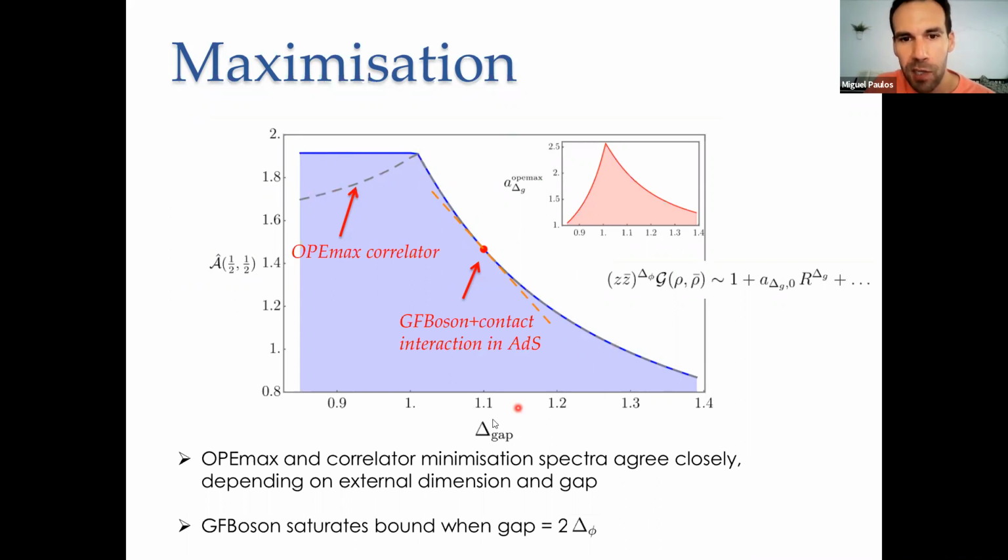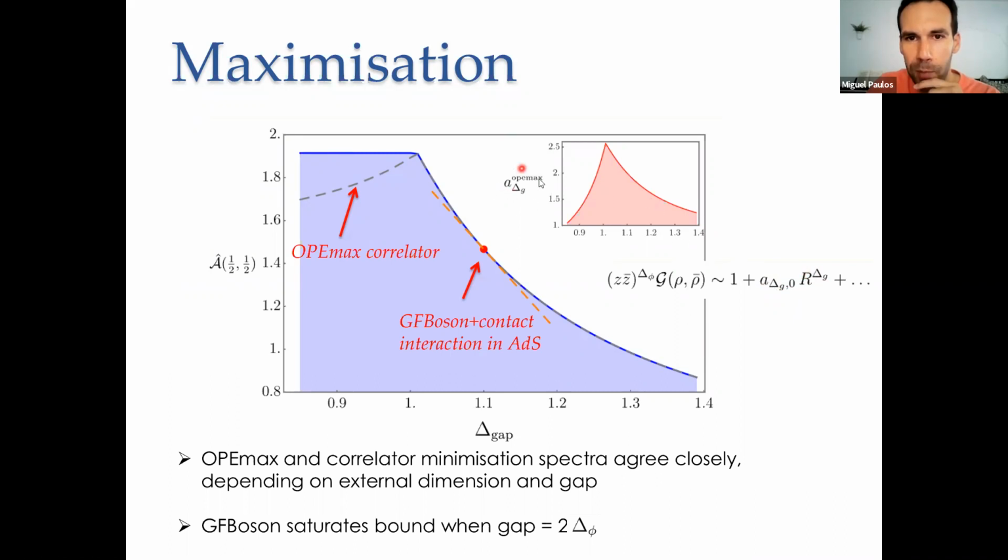As you can see, if the gap is sufficiently large, then both problems agree, or they agree very closely. The reason for this is easy to understand. You want to maximize the correlator, so you want to both maximize the OP coefficient and minimize the gap.